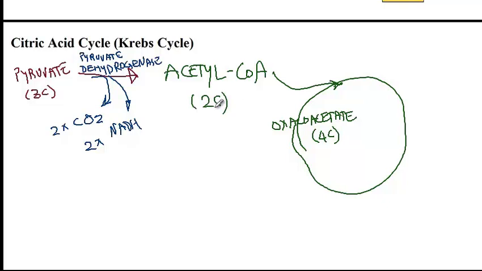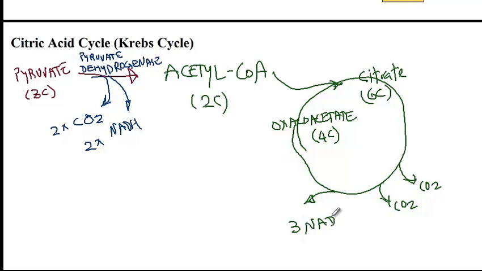Once it's added to a 2-carbon molecule, it forms citrate, which is now a 6-carbon molecule. And then through a series of reactions that goes through here, the 2 CO2 will be released. So the cycle repeats because we got 2 carbon here, but then 2 CO2 are released, so the 4-carbon oxaloacetate will be regenerated eventually.